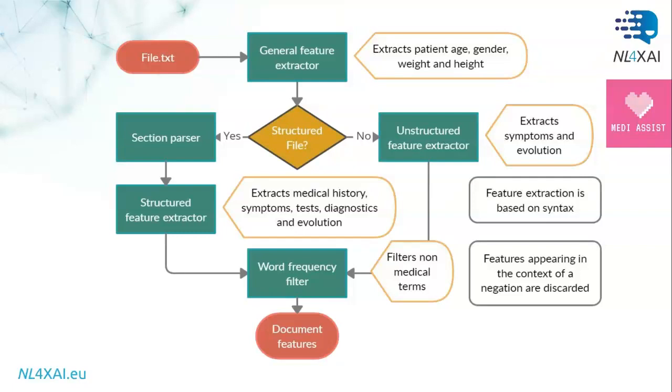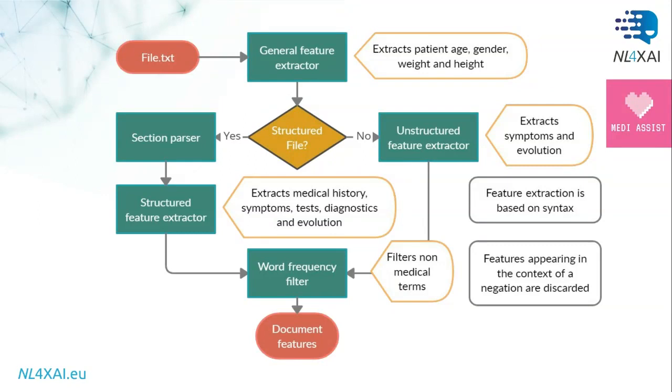Otherwise, we fall back on an unstructured feature extraction, which uses pattern matching to still assign to some keywords what part of the medical record they relate to, such as symptoms and evolution. Our feature extraction is based on syntax pattern matching, and we also have a way of handling negation.